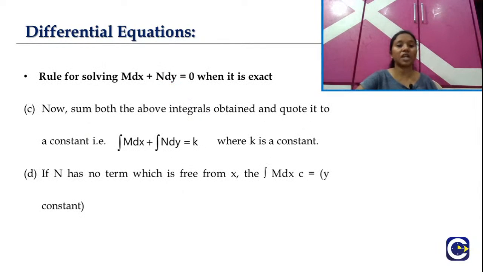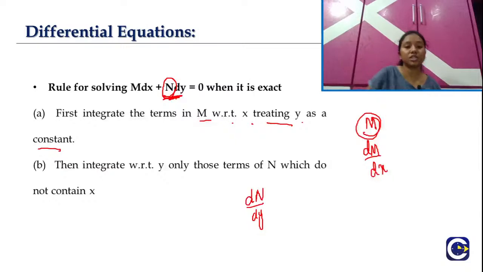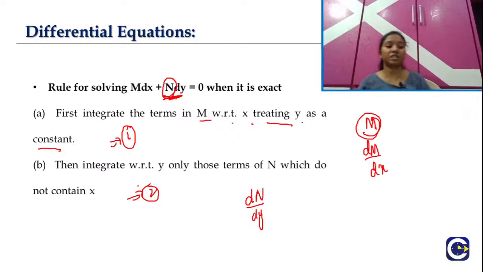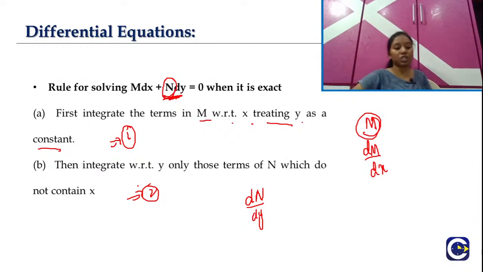So after these two steps, we'll be having one equation by integrating the terms of M with respect to x, treating y as constant, that is equation 1, and equation 2 on the other side, that means integrating the y terms only, considering the other to be constant. So now we end up having two equations.